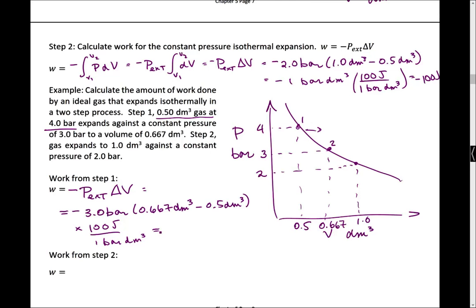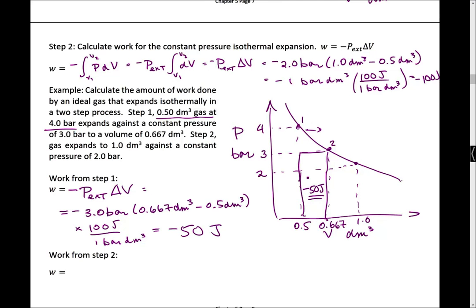And that gets me a final value of, I don't remember off the top of my head, minus 50 joules. And so that area is minus 50 joules. Oops, and I didn't draw the box in the right place. That area.